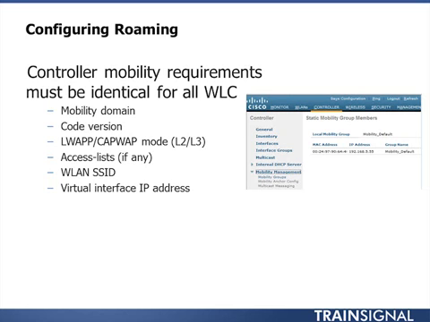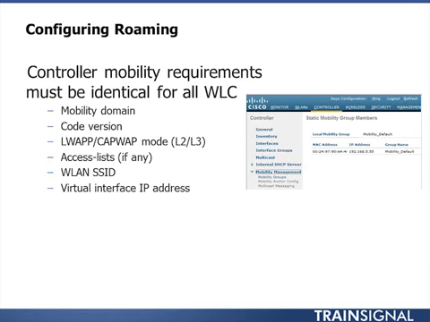They need to be running the same code version, and the software release from 7.0.5 started to support up to 48 controllers to be in the mobility list. It needs to support the same LWAP mode, layer 2, layer 3, or the same CAPWAP mode.